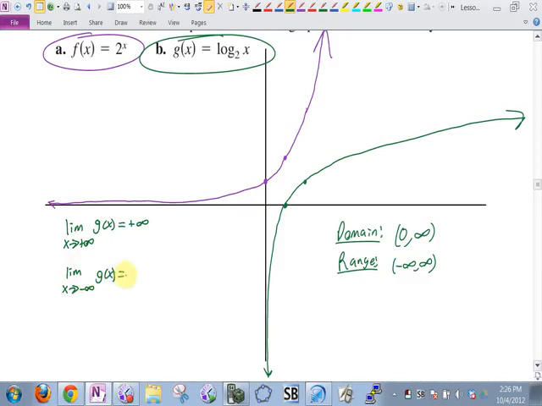That's a trick question. What do I get when I plug extremely negative numbers into this function? Nothing. Imaginary, technically, but we'll just say nothing, not reals. So technically, this limit does not exist. Here's another trick question. What is the limit as x approaches 0 of this function?